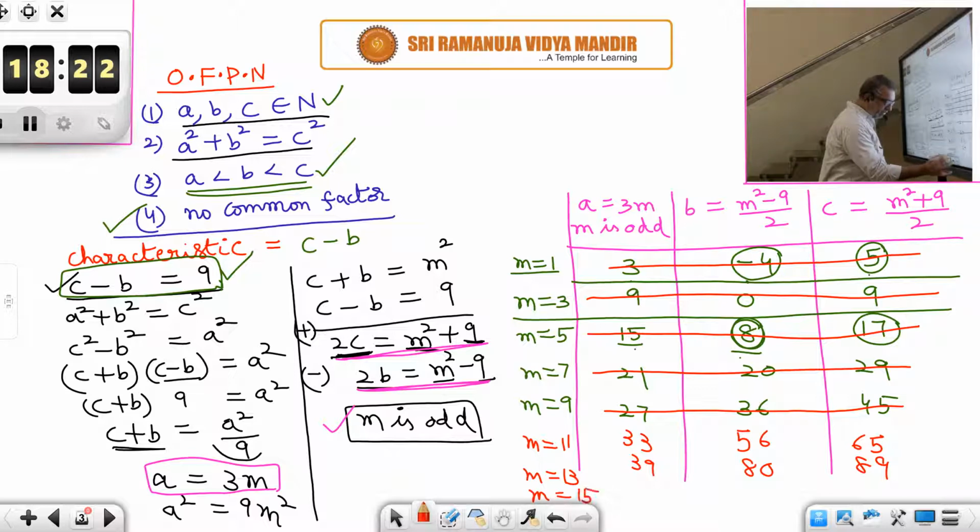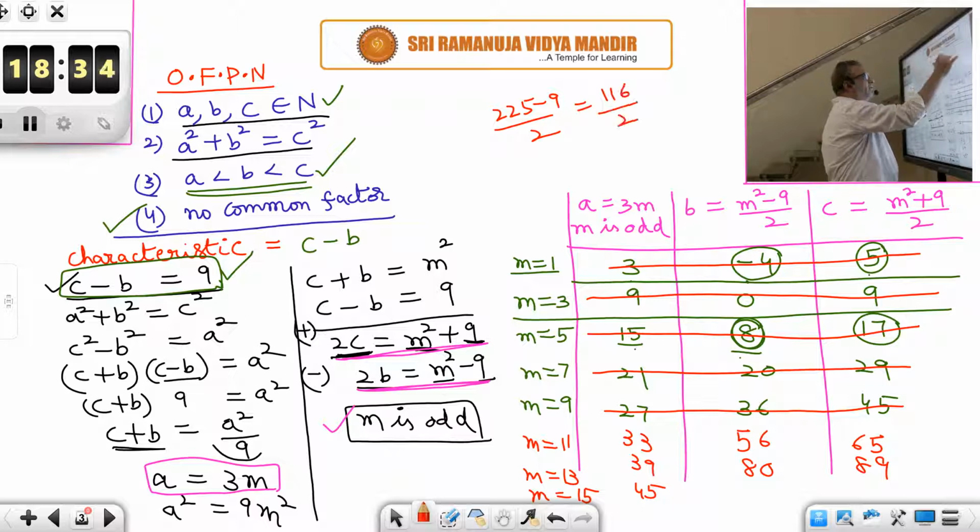Next odd number is 15. 15 means you will get 3 into 15, 45. 15 square minus 9, 225 minus 9 by 2.